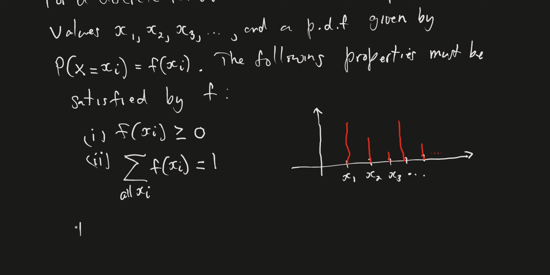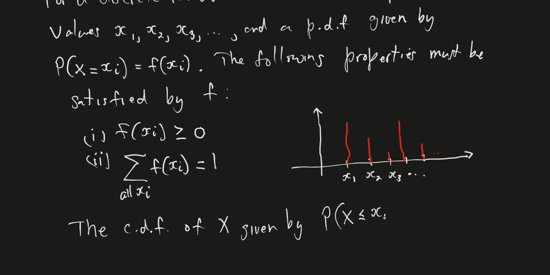So again, let me just remind you what it is. The CDF of x is given by... now the difference between the CDF and the PDF is that the CDF tells you the probability that your random variable is less than or equal to some number.